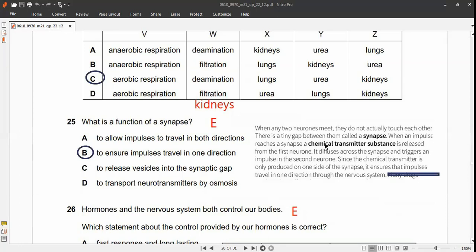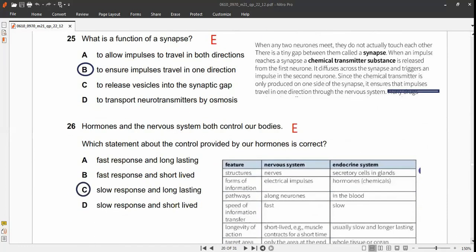Since the chemical transmitter is only produced on one side of the synapse, it ensures that impulses travel in one direction through the nervous system. So the correct answer is B. The function of synapse is to ensure impulses travel in one direction through the nervous system.